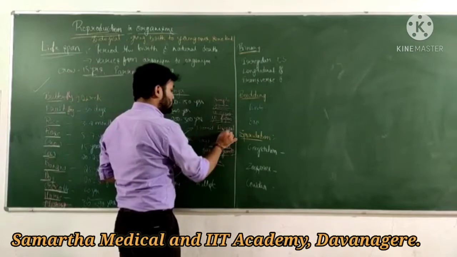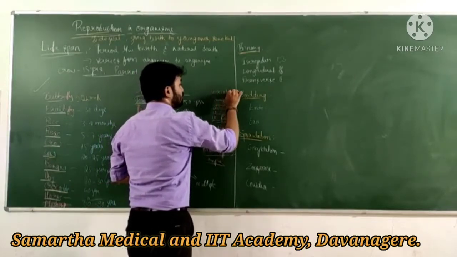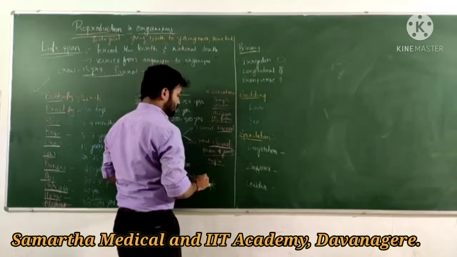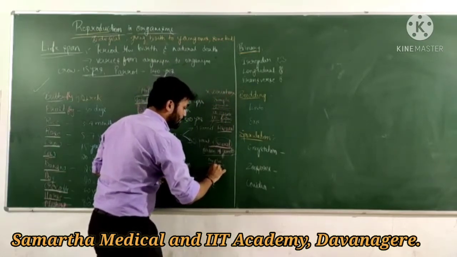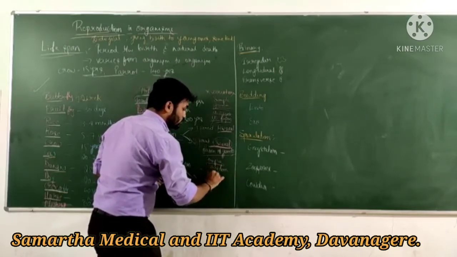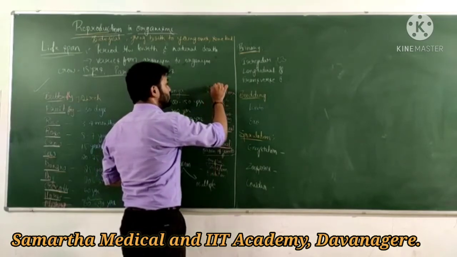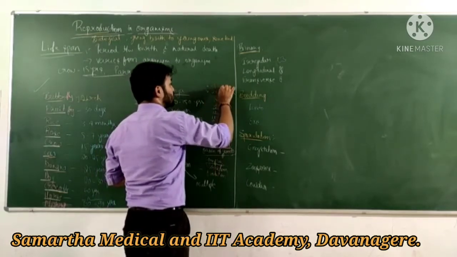The asexual method does not lead to variations, but in sexual reproduction we can see variations. That variation leads to evolution, but asexual reproduction does not support more evolutionary characters.